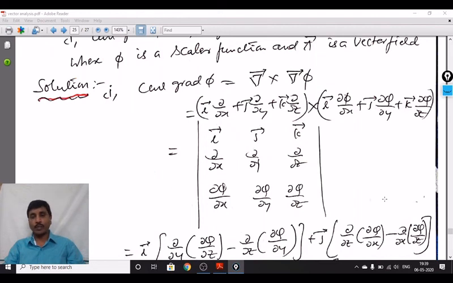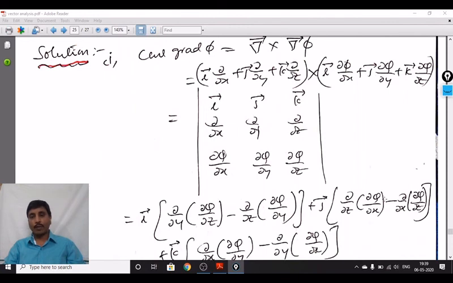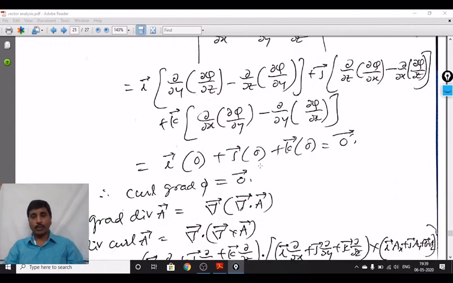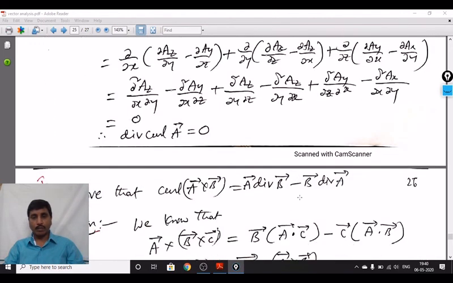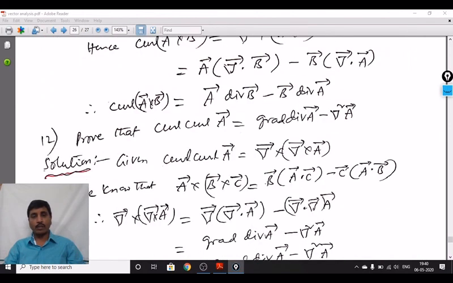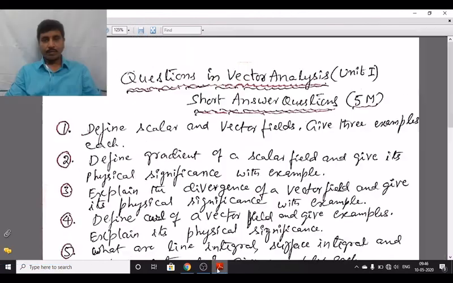This can be expressed in terms of a determinant as i bar, j bar, k bar; dou by dou x, dou by dou y, dou by dou z; dou phi by dou x, dou phi by dou y, dou phi by dou z. This can be expressed as i bar into 0 plus j bar into 0 plus k bar into 0, that is equal to 0 bar. That means curl grad phi is equal to 0 bar. In this way, we can solve a large number of problems in vector analysis.